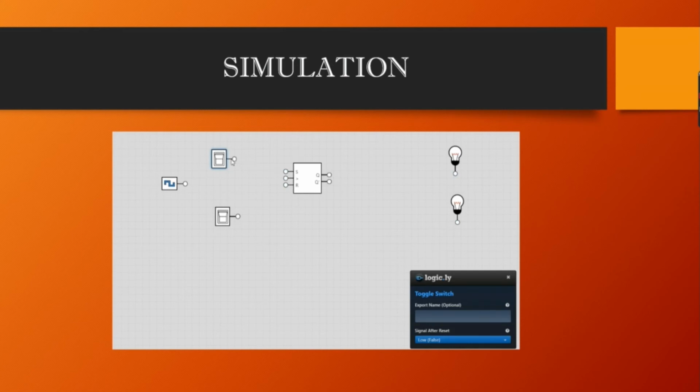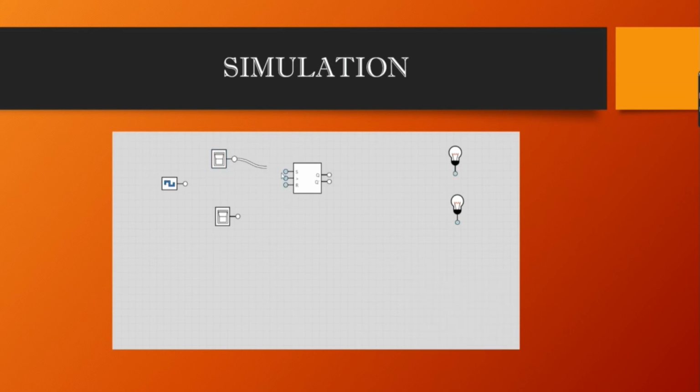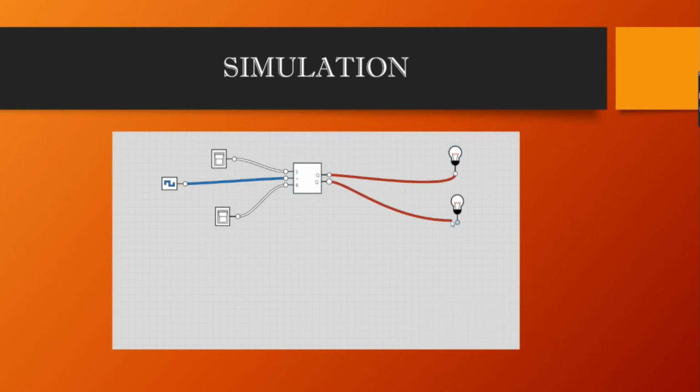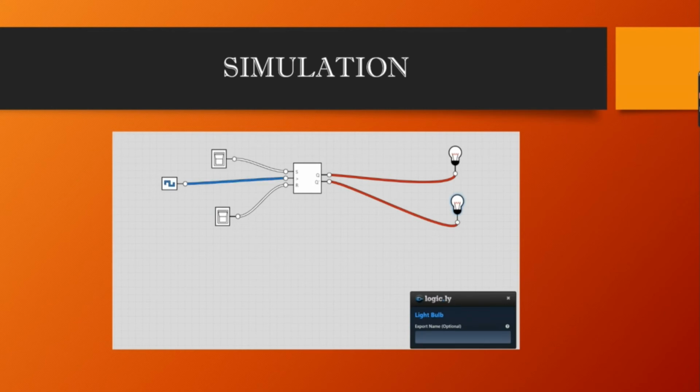Working of SR flip-flop: two inputs and a clock signal, and the outputs Q and Q dash.